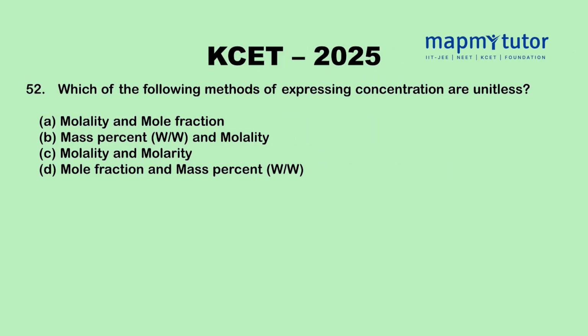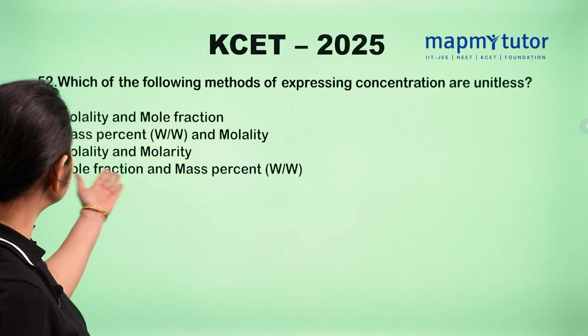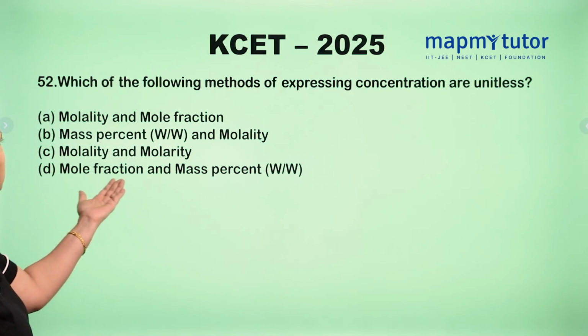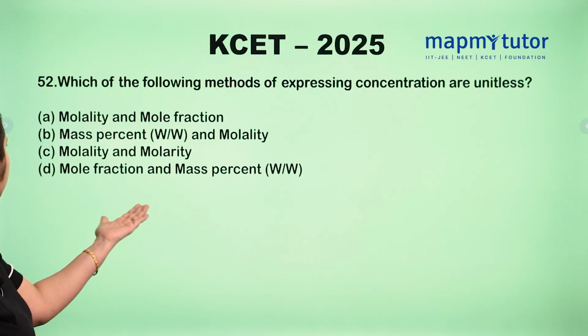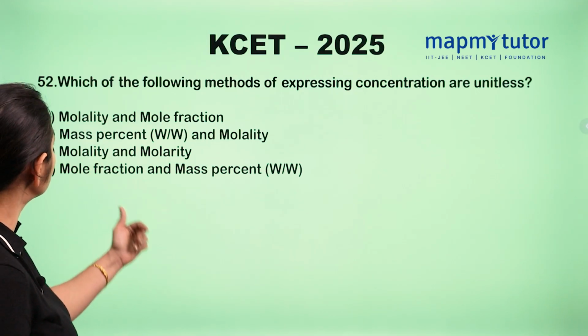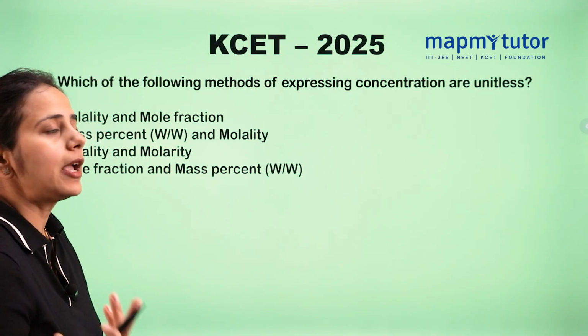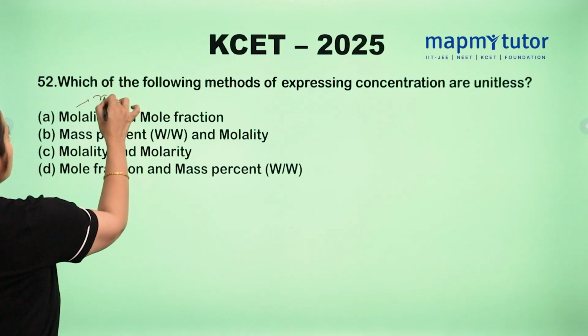Which of the following methods of expressing concentration are unitless? See, all these are concentration terms: molality, mole fraction, mass percent. In this question, if you only know the units of molality, then also you can solve it.